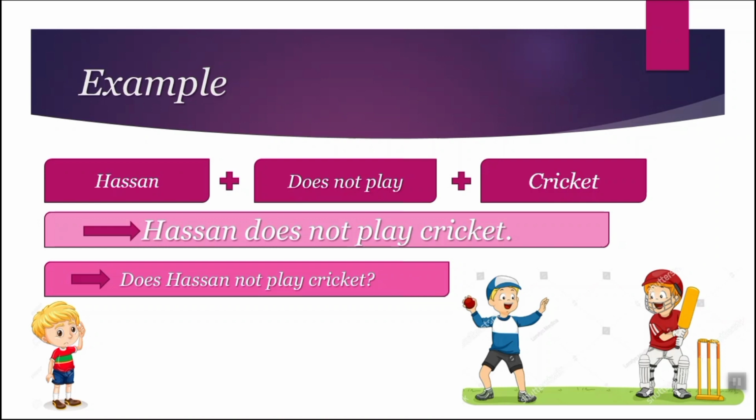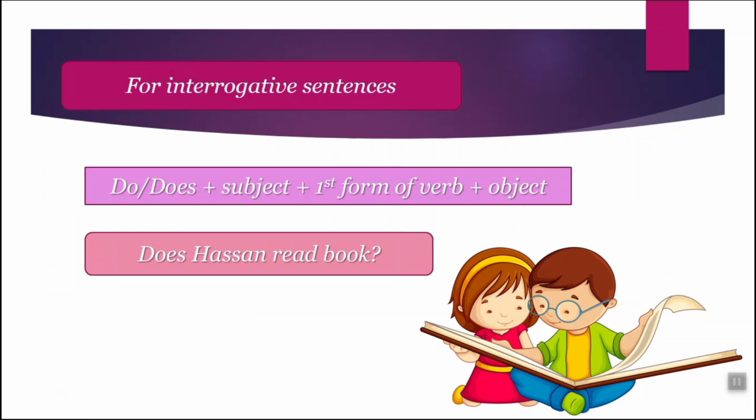So, the negative interrogative form of the sentence would be, does Hassan not play cricket? The structure of interrogative sentences: do, does plus subject plus first form of verb plus object plus question mark. So, the correct form of interrogative sentence will be, does Hassan read book?